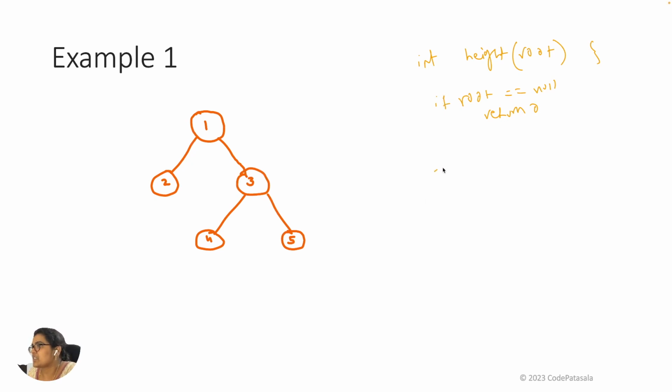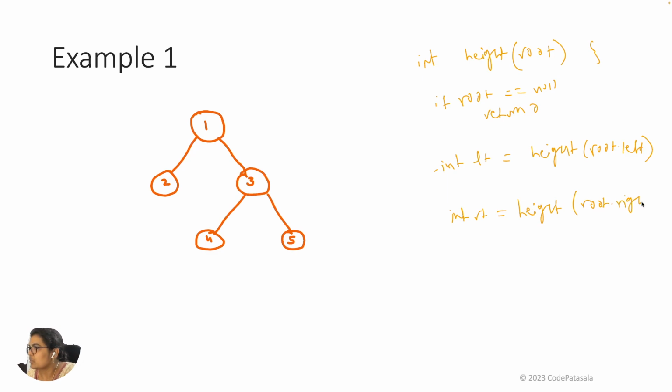Now if that is not the case, then we get the left height, which is recursively going through the tree to the left side, and we get the right height, which is again recursively going to the right.